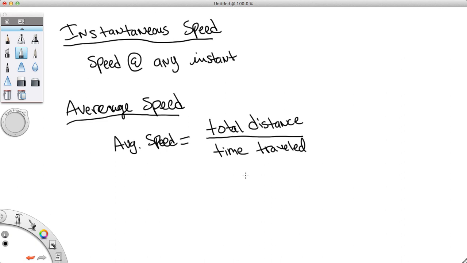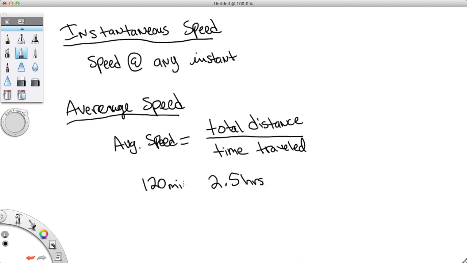For example, Grandma leaves her house and travels to your house, and the total distance from her house to your house was 120 miles. Let's say it took Grandma 2.5 hours to get there.